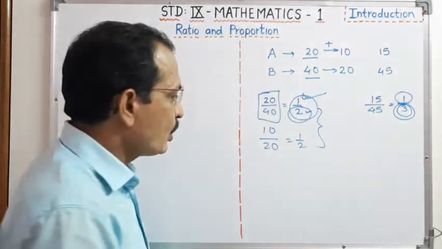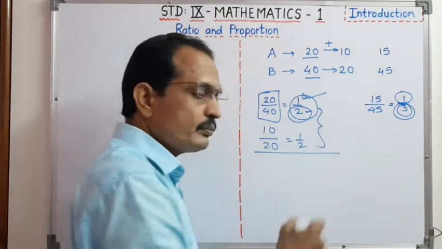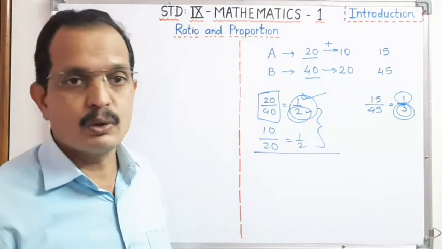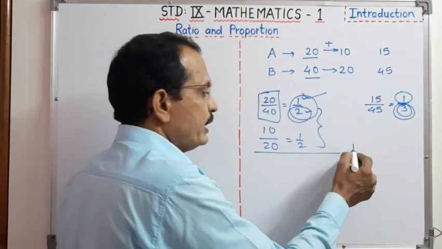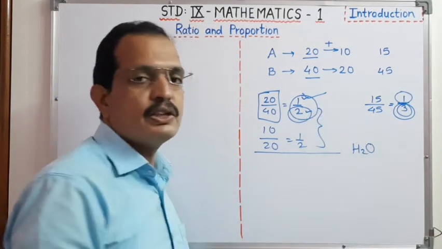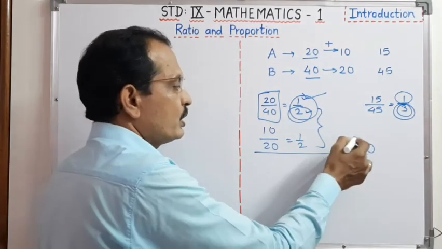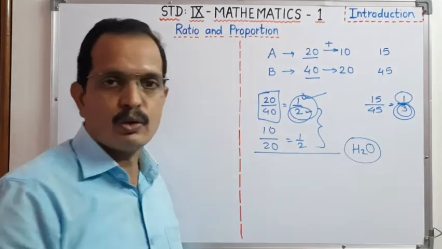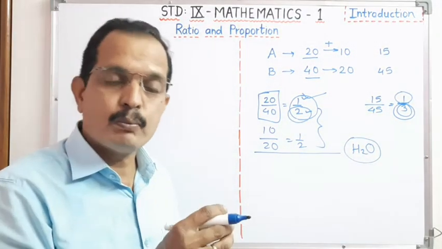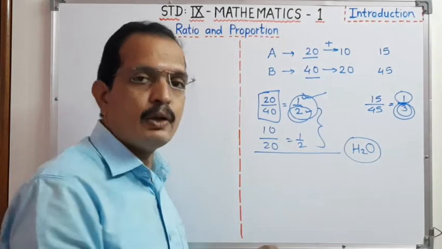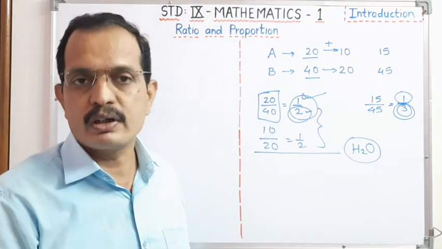Dear students, all of you know from science, suppose H2O. The molecule of water is formed because of hydrogen and oxygen. If they are in proportion, then and only then is the molecule of water formed.